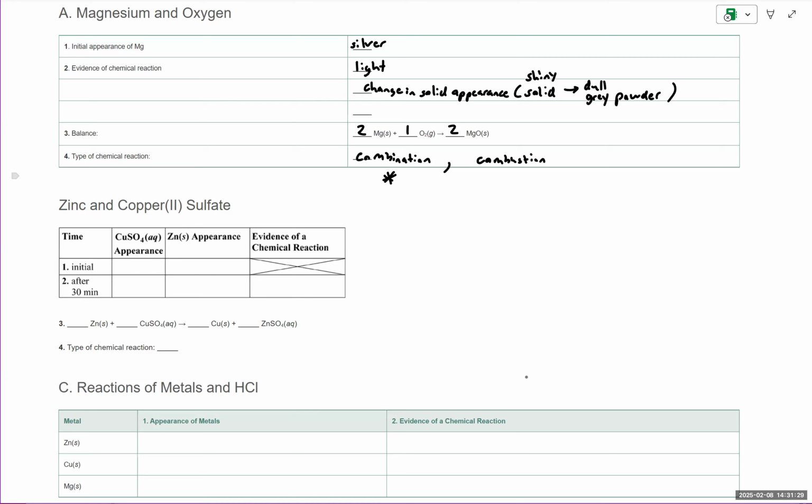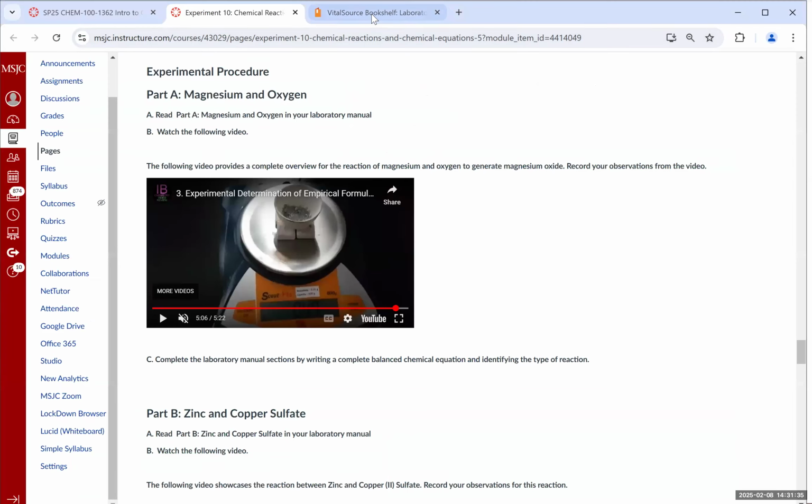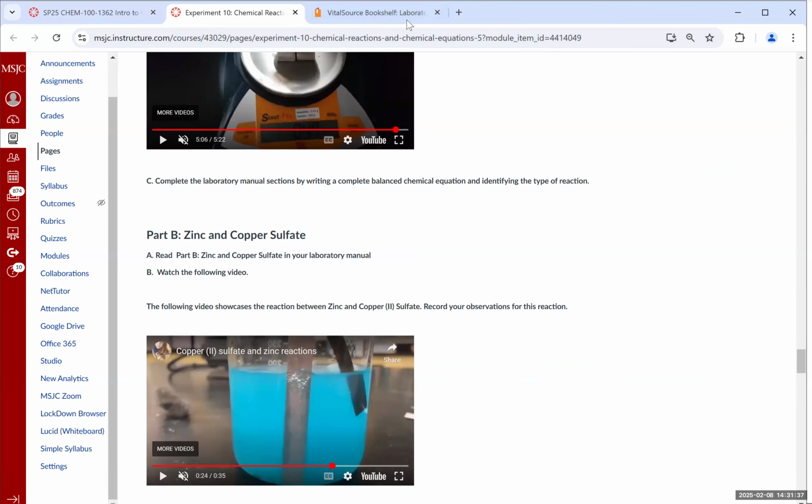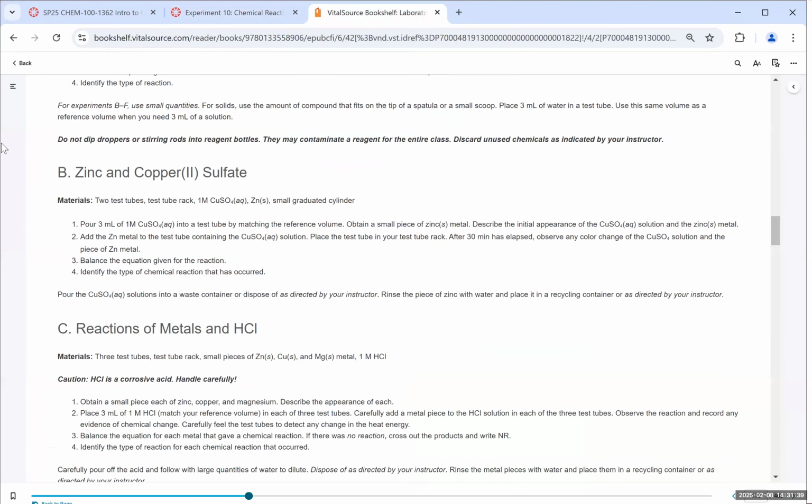Okay, so we completed the magnesium and oxygen portion. Let's now take a look at our lab manual for the next part. So here we're going to look at the reaction between zinc and copper 2 sulfate, which, as we'll see in the video, has a beautiful blue color, and it's really a useful solution for a range of different reactions.